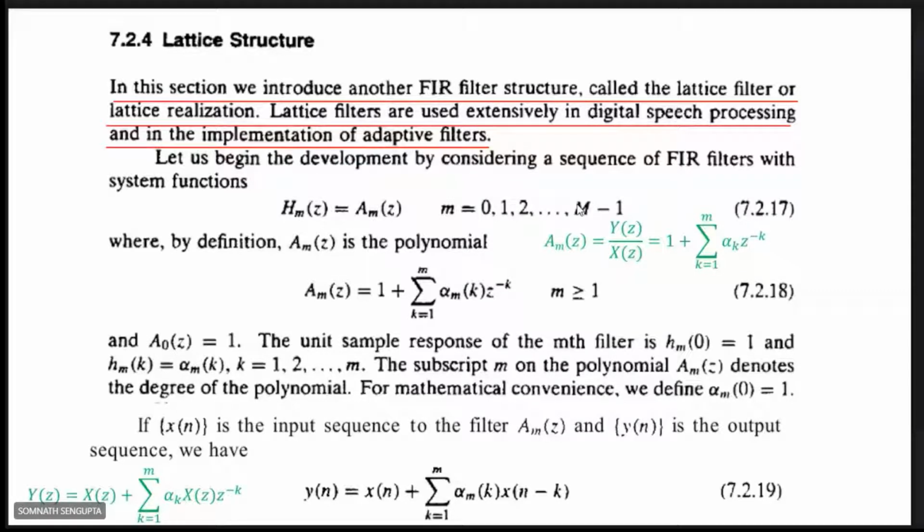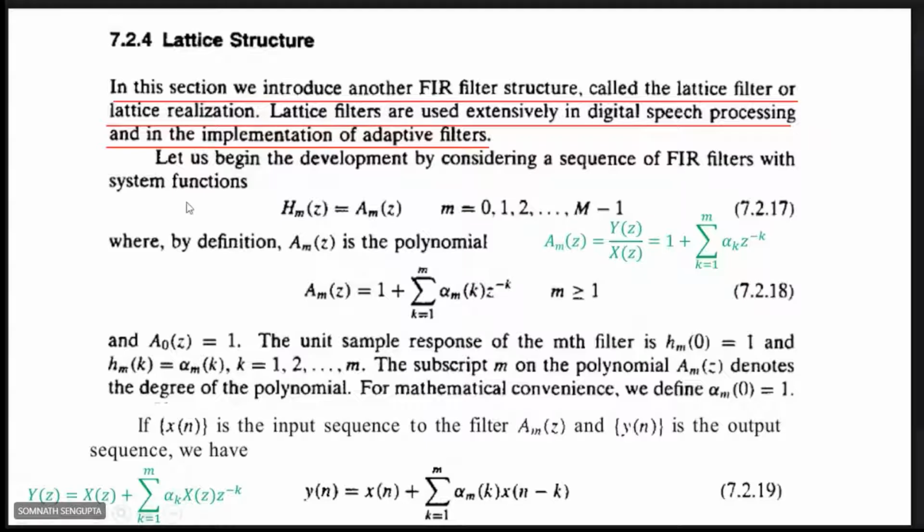Why do we choose FIR? Because it is only an all-zero system. No pole is there. Only numerator terms are there in the transfer function or system function, and the numerator consists of zeros.